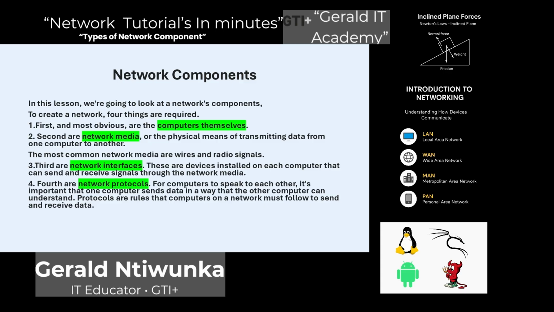Third are network interfaces, which we have talked about in some of our previous lessons. These are devices installed on each computer that can send and receive signals through the network media. The fourth are network protocols, which we will treat in this particular lesson.